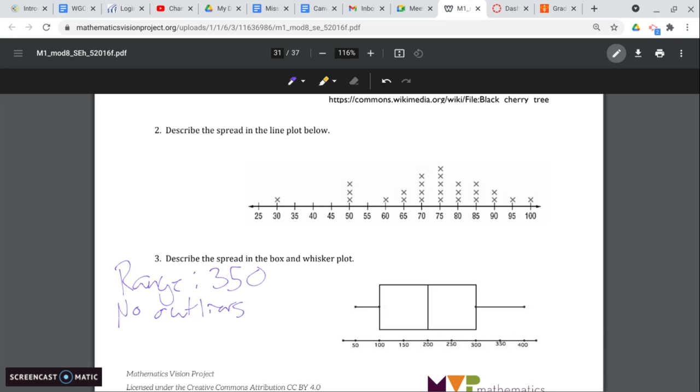The interquartile range, so that's this right here, because we have this split into different quarters, is 200. And the extremes are 50 and 400.